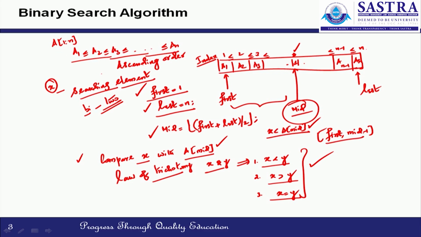The initial range is first comma last. Even in the initial stage, first is 1 and last is n, so 1 comma n is the initial range, assuming the size of the array is n.